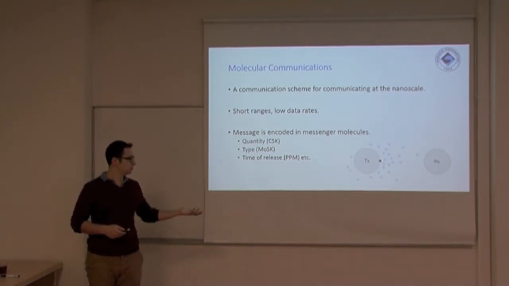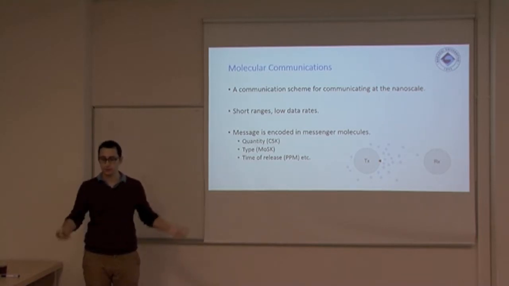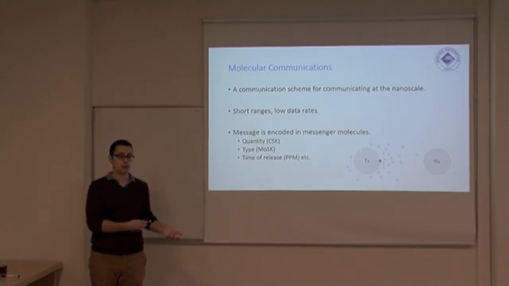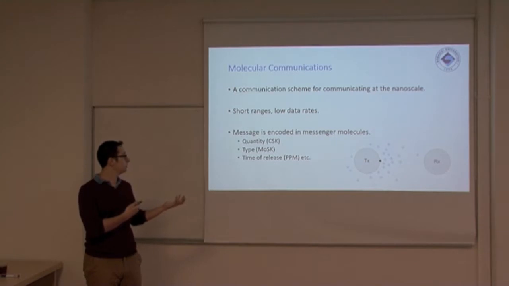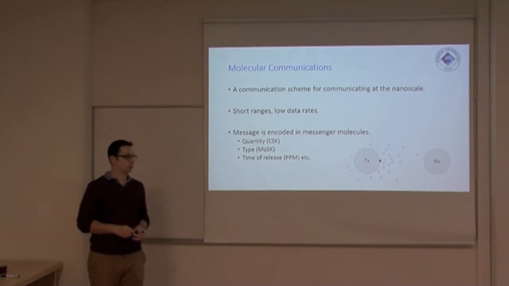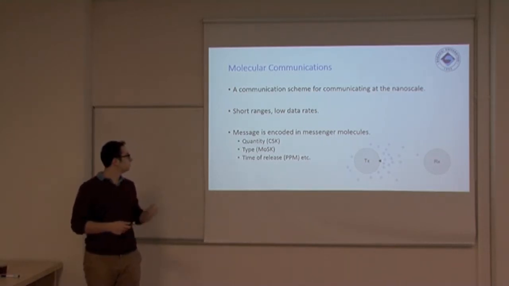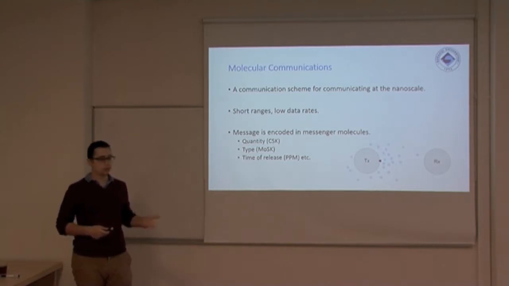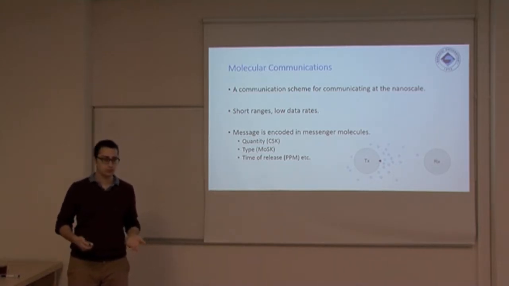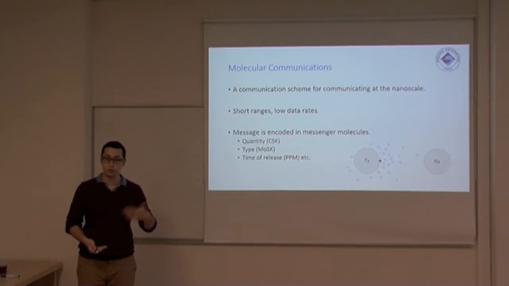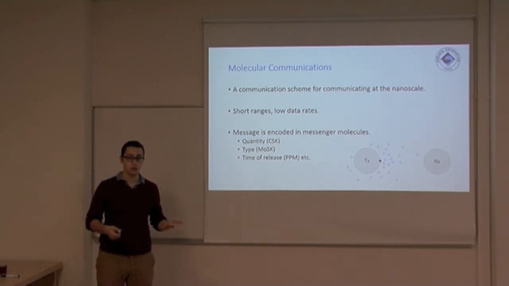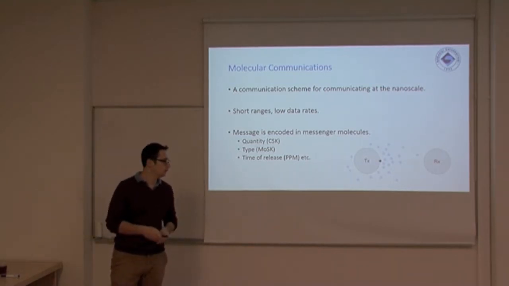But of course, we have many different biological applications, even with this data rate. So that is why we're working on it, right? The message is encoded in the messenger molecules, in some physical property of it, be it quantity, type, or position.